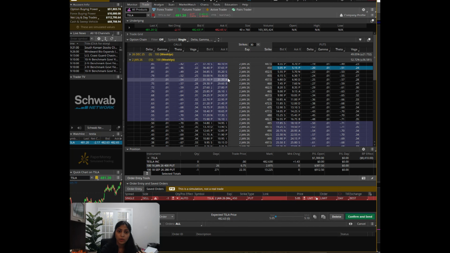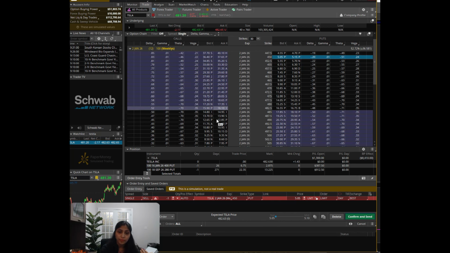So imagine I have 100 shares of Tesla, for which my average price was 450 or something, then I'm okay if I get anything above 450, right? Because I'll be in profit.